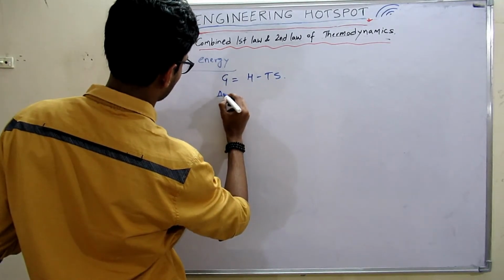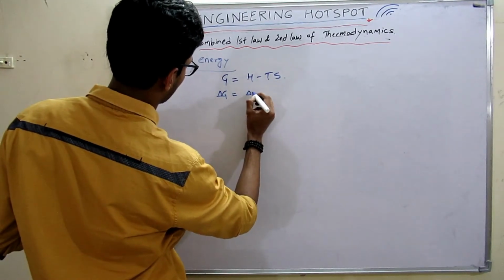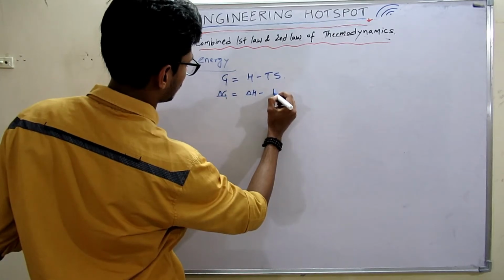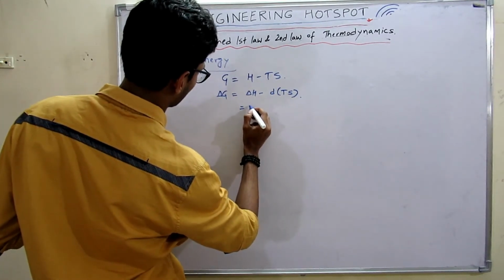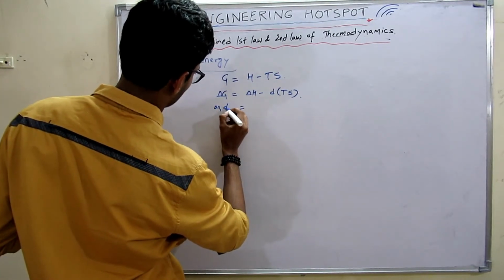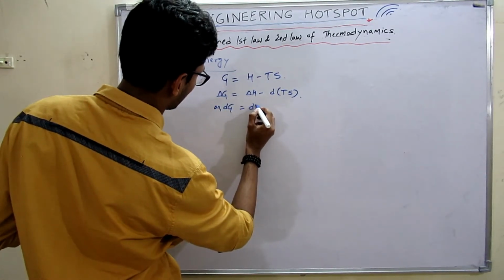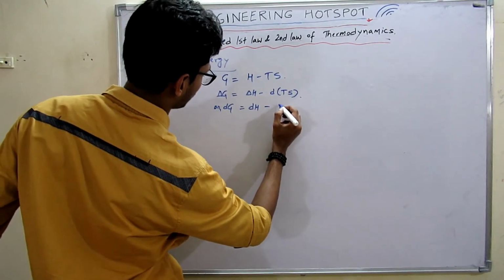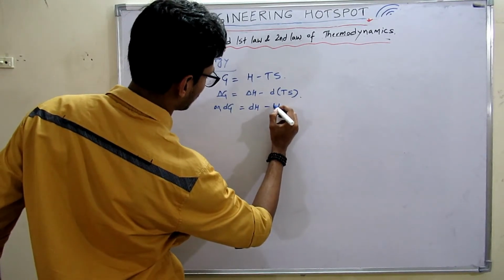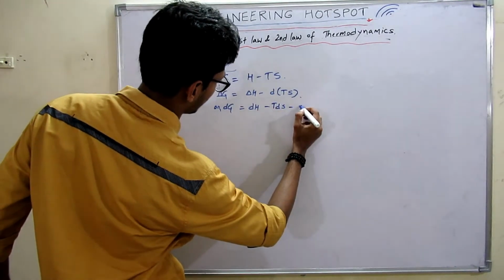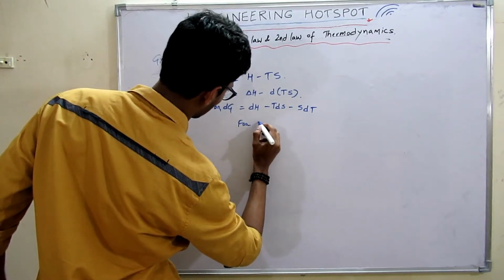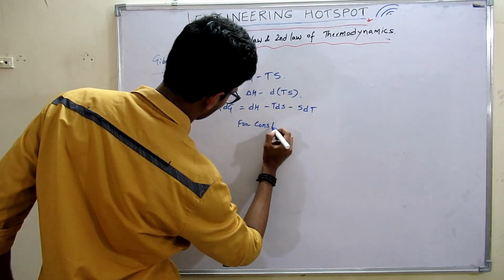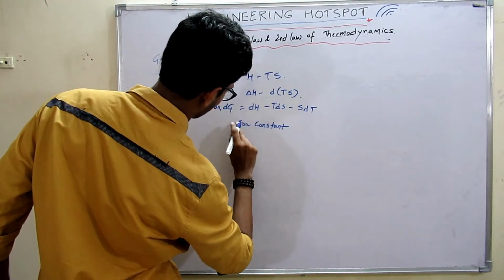If you are taking dG, it will be dH minus TdS minus SdT.